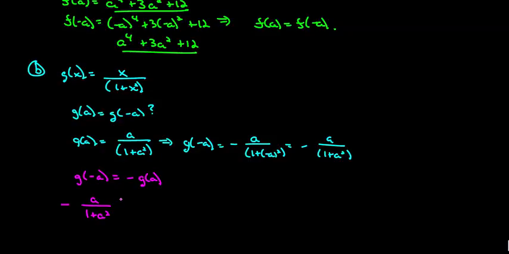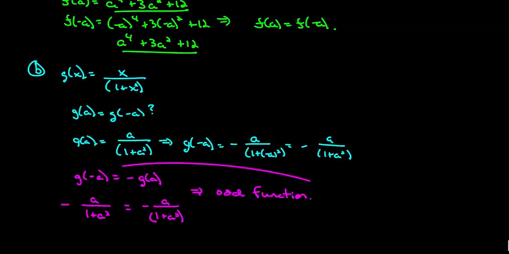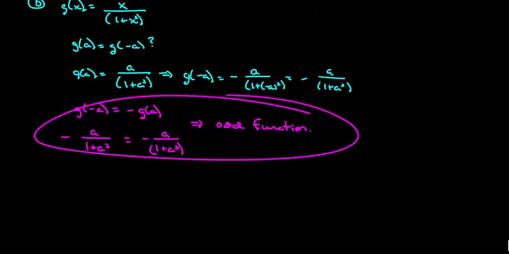And we know that negative g of a is the opposite of g of a, which is also negative a over 1 plus a squared. So this passes as an odd function. And this right here, that's our proof.